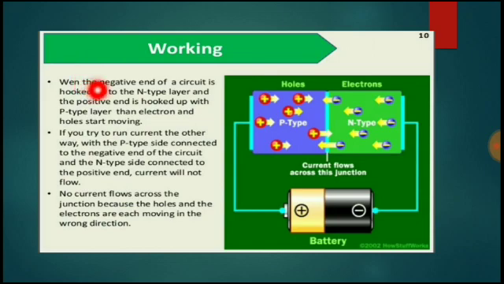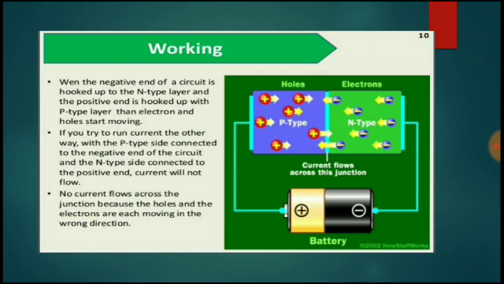Okay, now see this. When the negative end of a circuit is hooked up to the N-type layer and the positive end is hooked up to the P-type layer, then electrons and holes start moving, right? If you try to run current the other way, with the p-type side connected to the negative end of the circuit and the n-type side connected to the positive end, the current will not flow, because the reverse condition takes place.